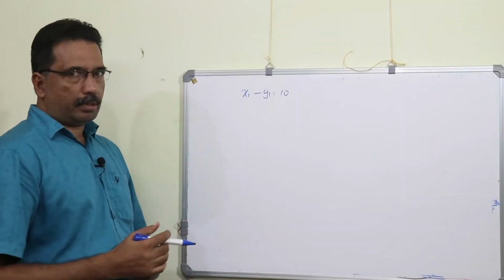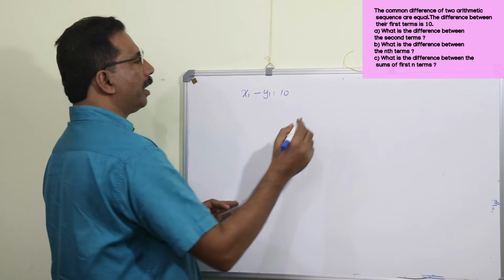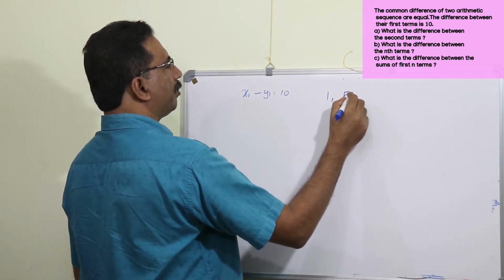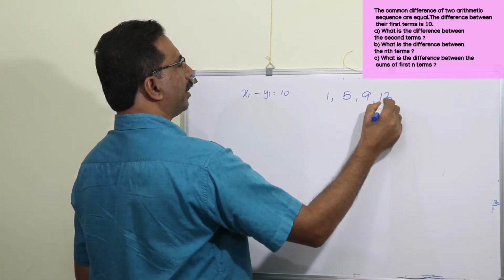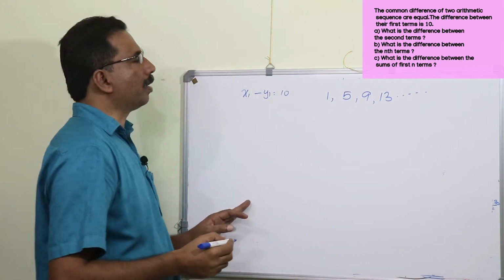അടുത്ത ചോദ്യം ഒന്ന് ശ്രദ്ധിക്കുക. The common difference of two arithmetic sequences are equal. The difference of the first terms is 10. For example, let us take the first sequence as 1, 5, 9, 13, etc. Let us write the first term as this one.